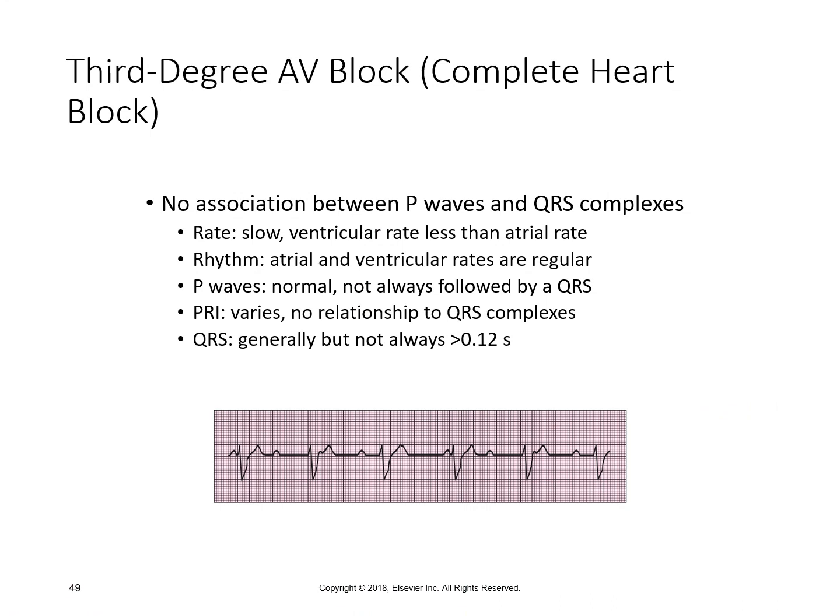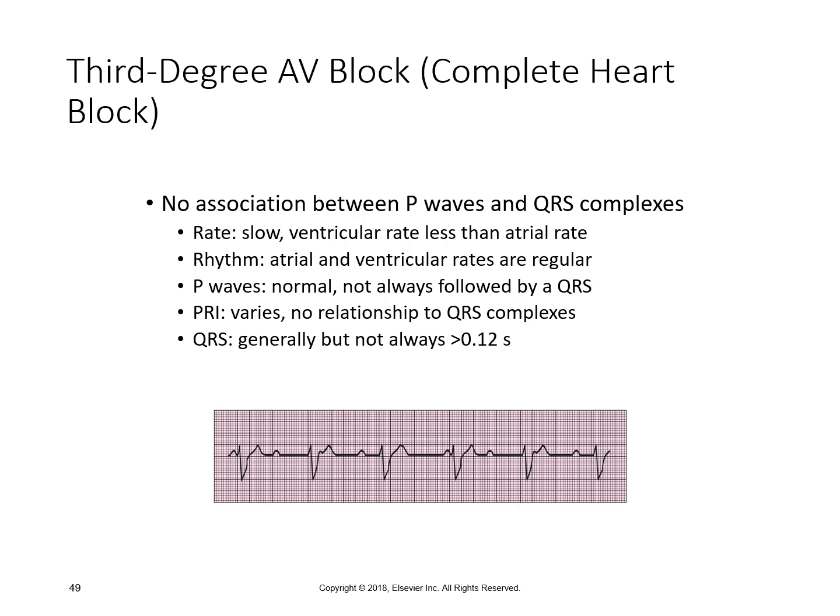All right, so this is another little slide that I got from Wilkins. So again, no association between your P waves and your QRS complexes in your third degree or complete heart block. Your ventricular rate is slow. It's less than your atrial rate. Your atrial and ventricular rates are regular, but they're doing their own thing.